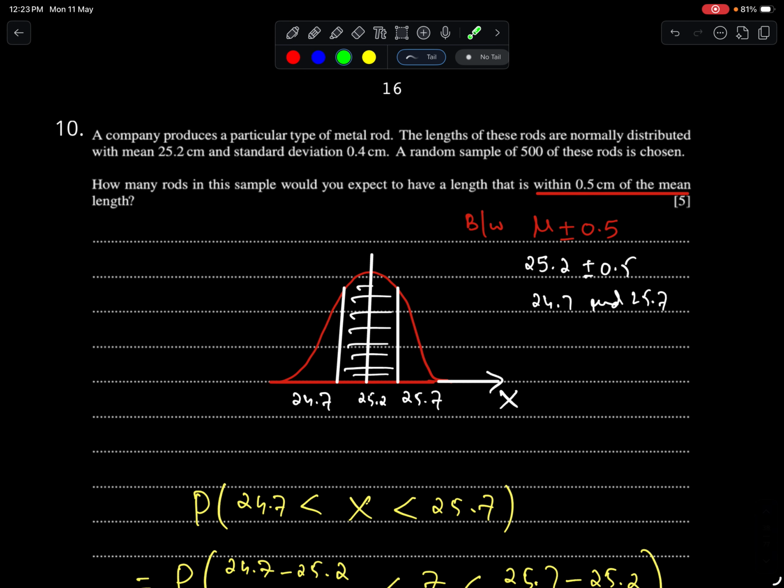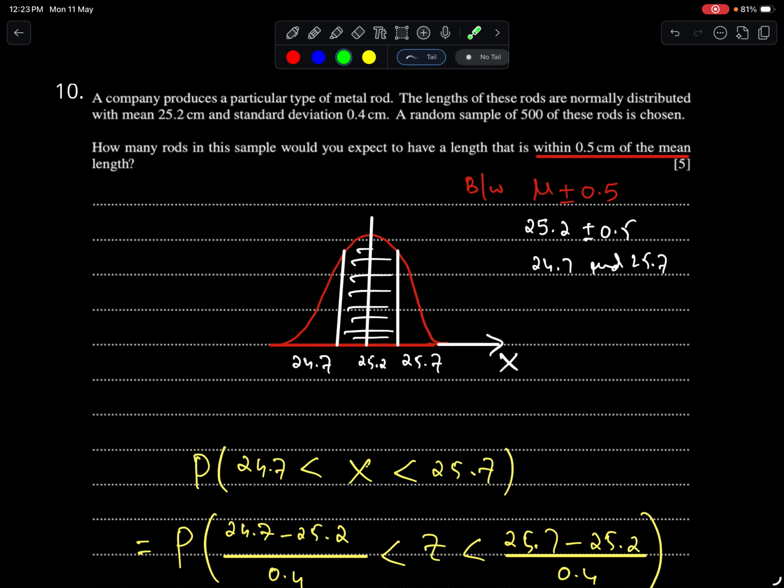Now this one. How many rods in this sample would you expect to have length within 0.5 centimeter of the mean? So this is so simple, mu plus minus 0.5 and this area is required. Within means this common area. Between, so mu plus 0.5, mu minus 0.5, right?